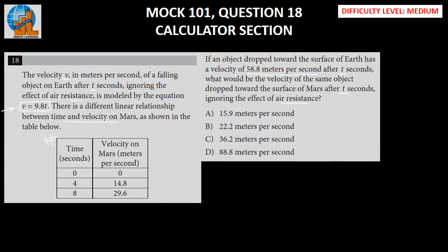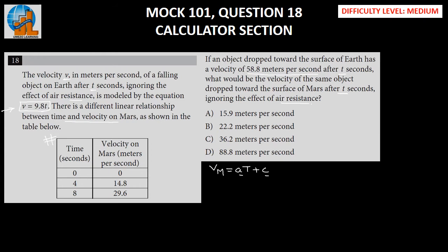So let's start with finding the linear relationship between time and velocity on Mars. We can take Vm, the velocity on the surface of Mars, as equal to at + c, where a and c are constants. Let's start with substituting these values.